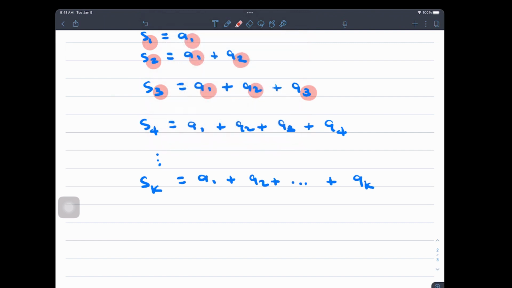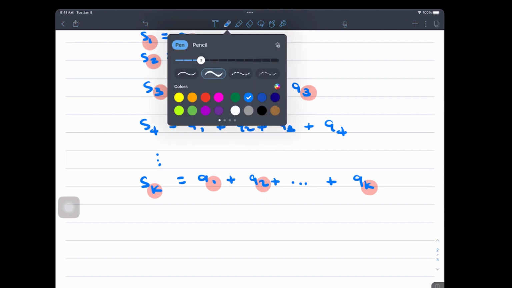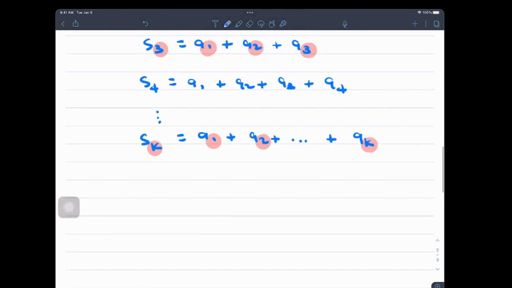This sequence of partial sums. So k starts at 1, goes to 2, ends at k. In other words, this is what you can do. We can write it a couple of ways.